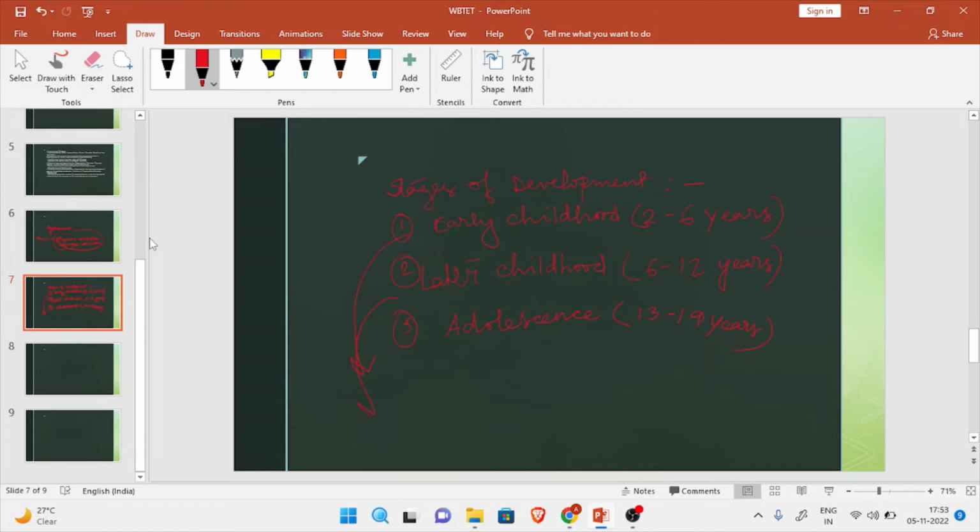In later childhood, this is a stage where children tend to devote more time to their peer group than their parents, because they go to school every day, they meet new people, they make friends, and those friendships sometimes become very intense.